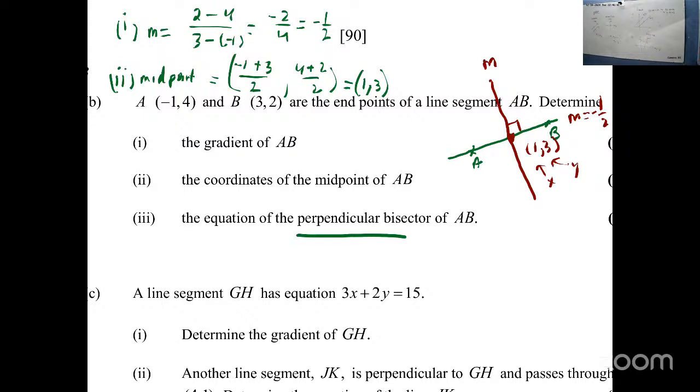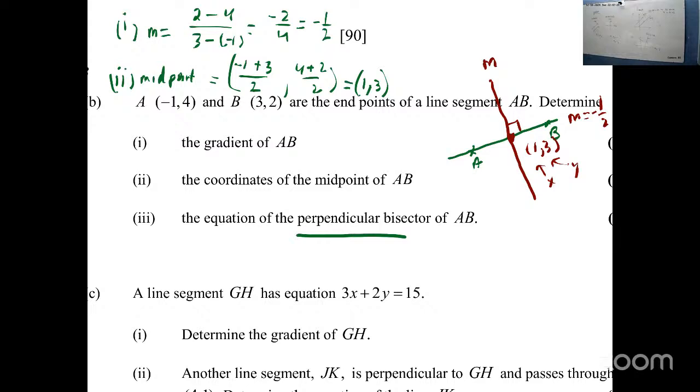If they're perpendicular, one is -0.5. So what will be the next gradient? The gradient of the first line is -0.5. What's the gradient of the perpendicular line? It'll be 2.